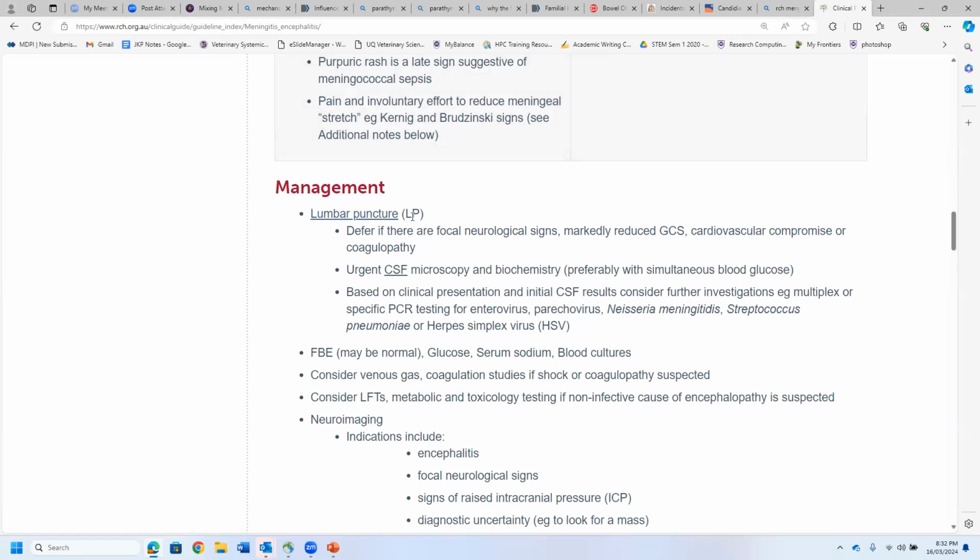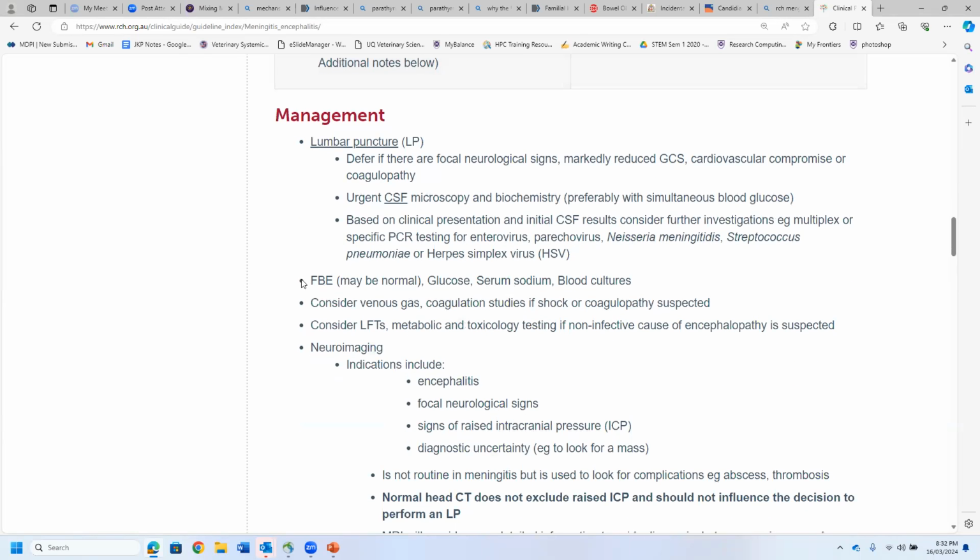Management: lumbar puncture is not the first thing that you do. What you do is this: full blood count, glucose, serum sodium, and blood cultures. That's the first thing that you do. Lumbar puncture is the second diagnostic test. Once you have started the patient on antibiotics, you can do the lumbar puncture.